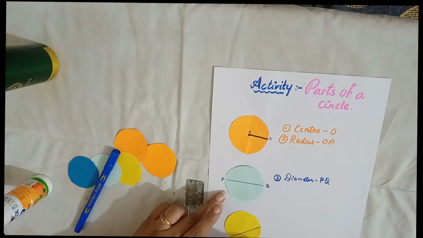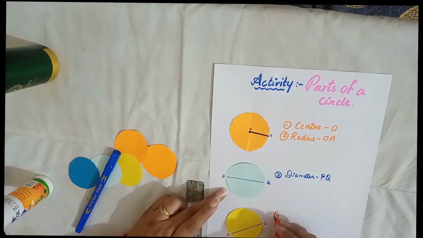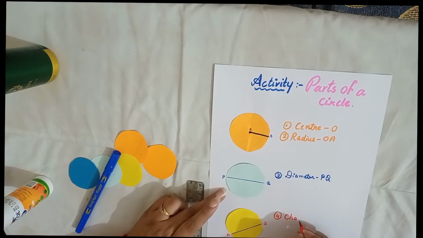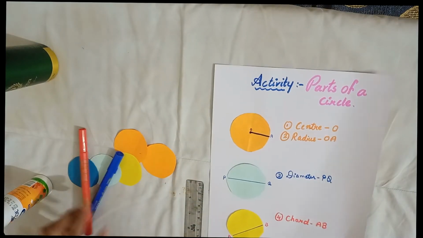This is our next figure, that is AB. Number 4, that is a chord, AB, right? I have taken the next page.